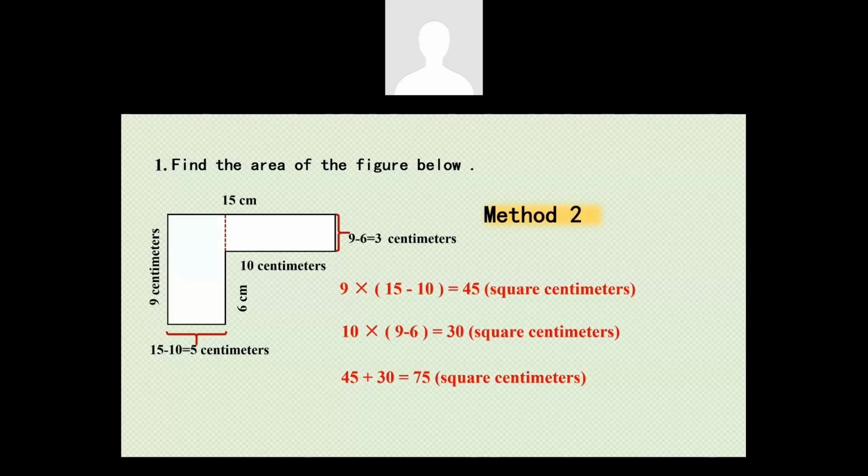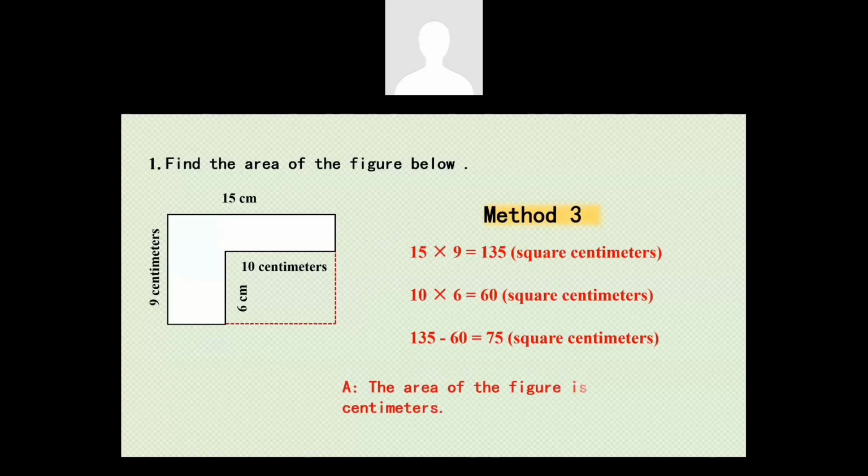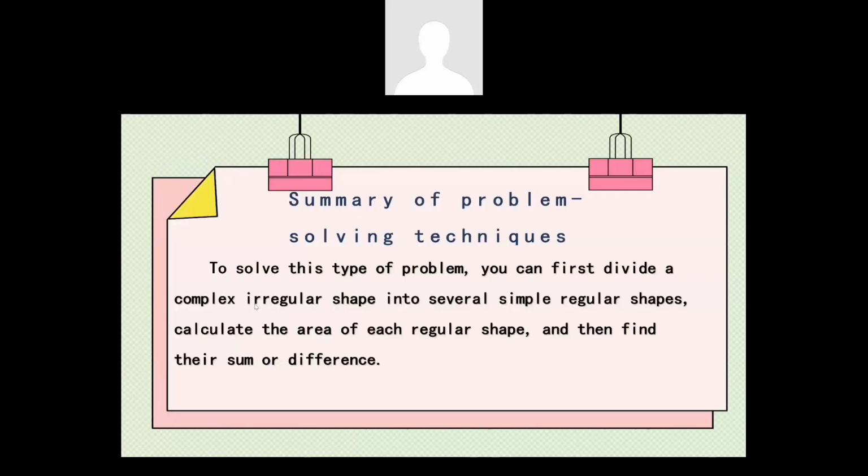Okay, yes, you're right. Exactly, this is complete and subtract. For irregular shapes, break them into regular rectangles and squares, then add or subtract.